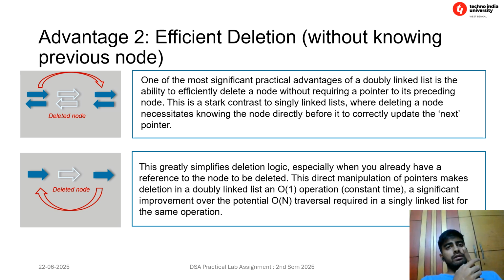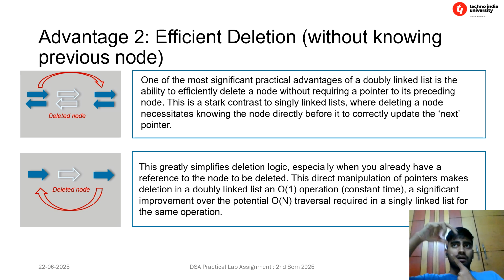Using that pointer, we go to the third node and we delete it. Now the problem is we need to update the second node's next pointer to point to the fourth node, but that is not possible because from the third node we can't access the second node, so we can't traverse backwards.